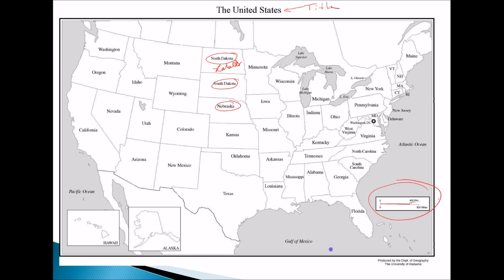Absolutely, there's no compass. What about insert maps? Are they here? You're right. The insert maps are right here. So as you can see, most maps will have the parts of a map that we talked about today. Let's look at another example.